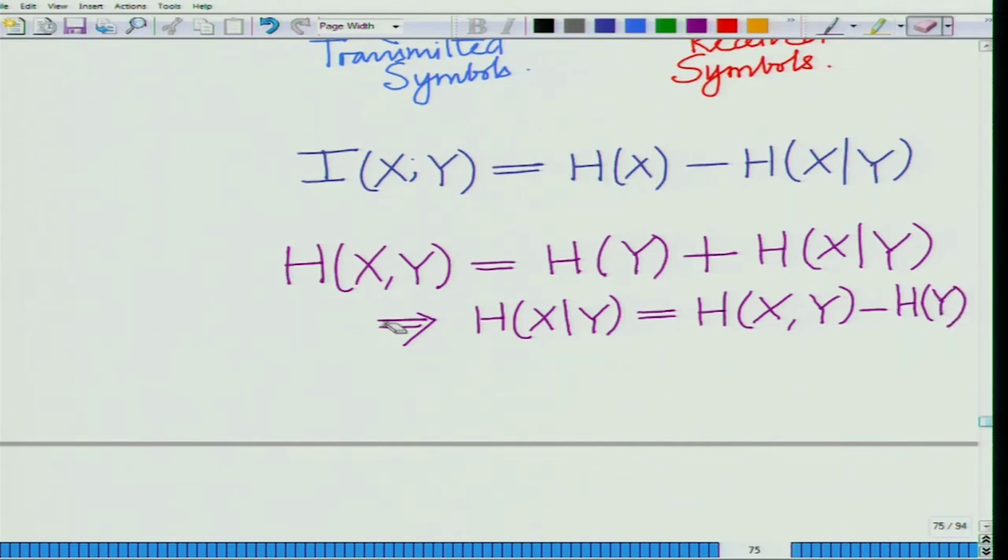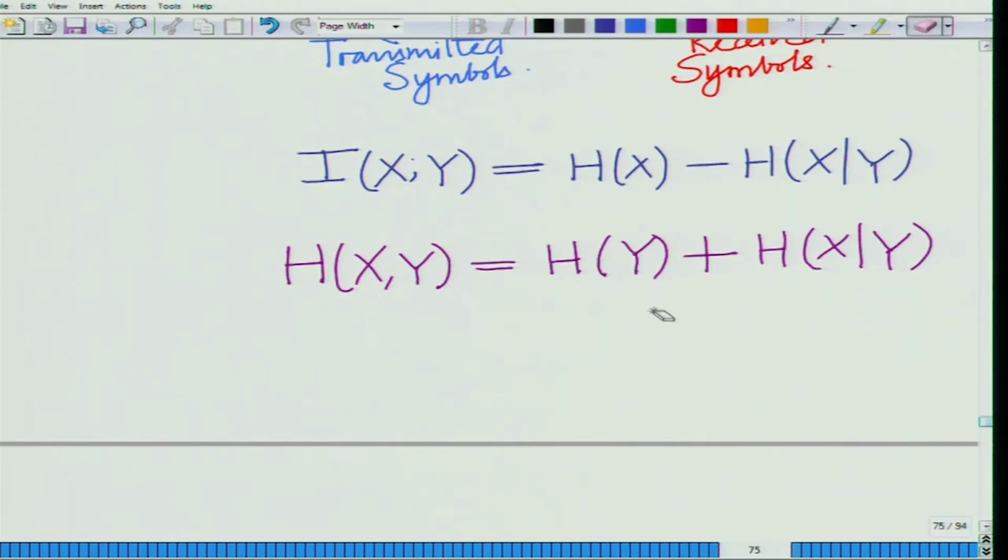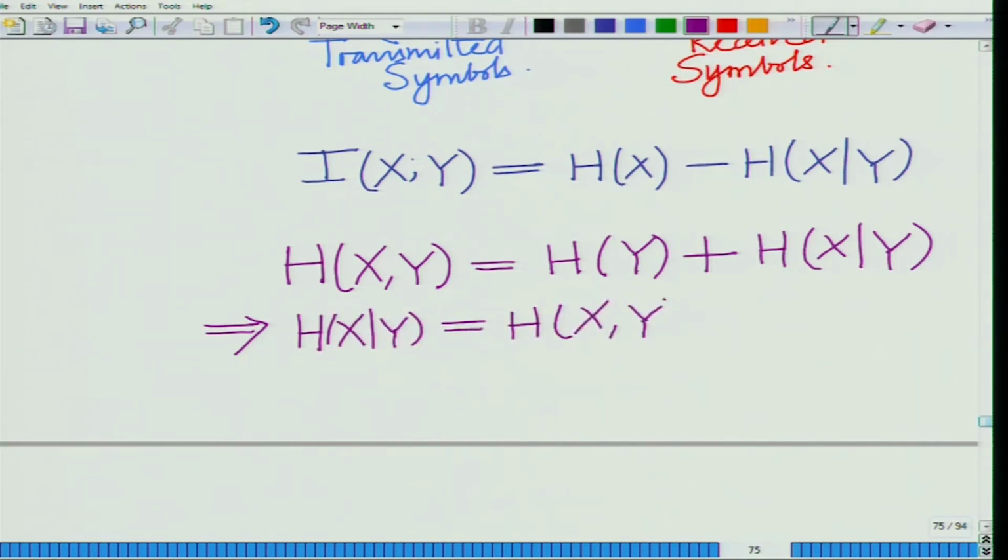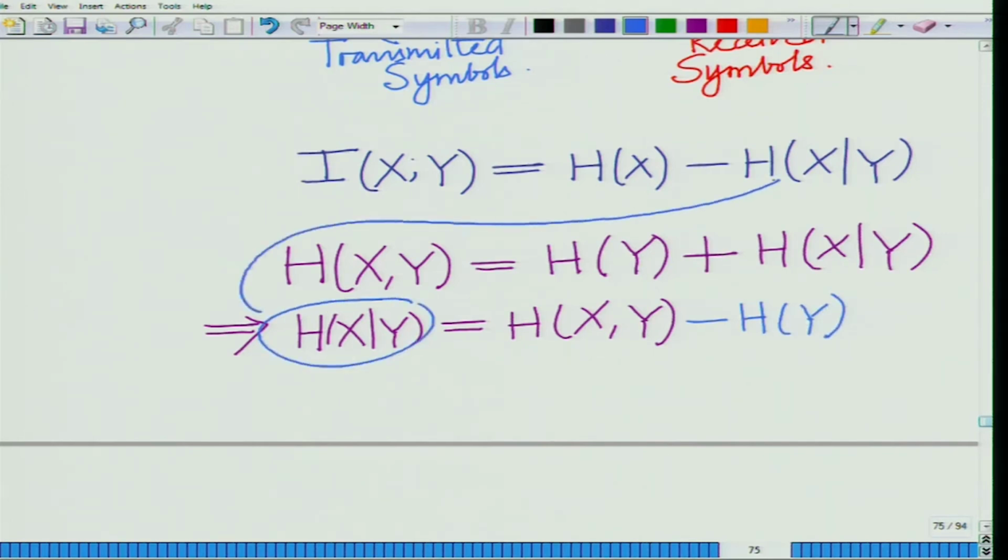Correct? Let me write this again. So this implies that H(x given y) equals the joint entropy H(x,y) minus the entropy H(y).